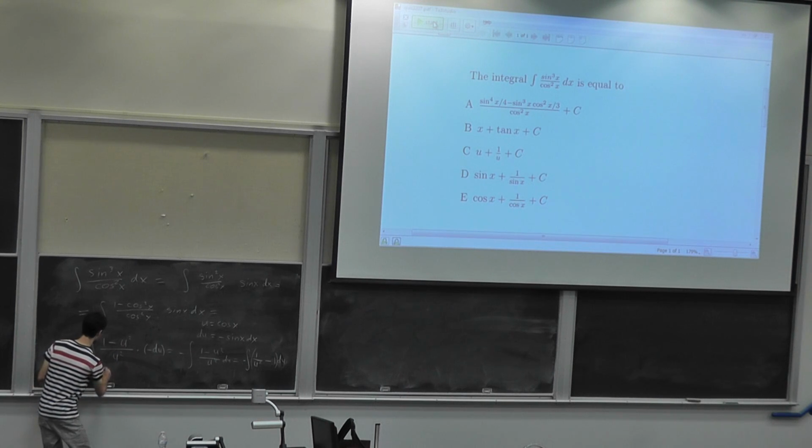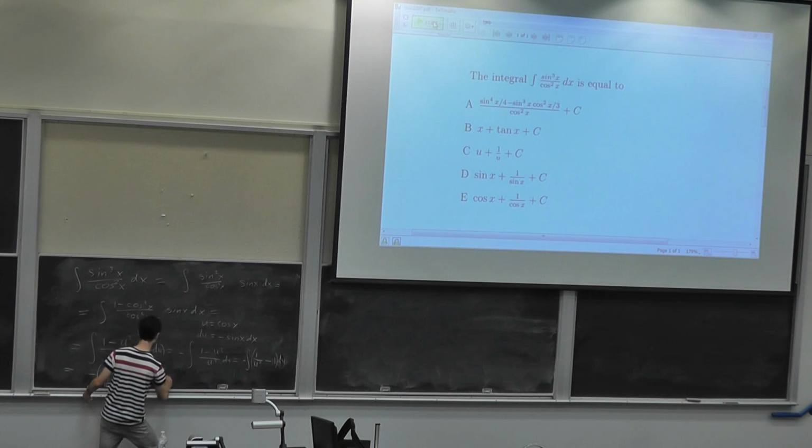So it's minus u to negative 1 divided by negative 1, and minus the integral of 1, which is u, plus constant. Simplify it a little bit. So it's 1 over u plus u plus constant.